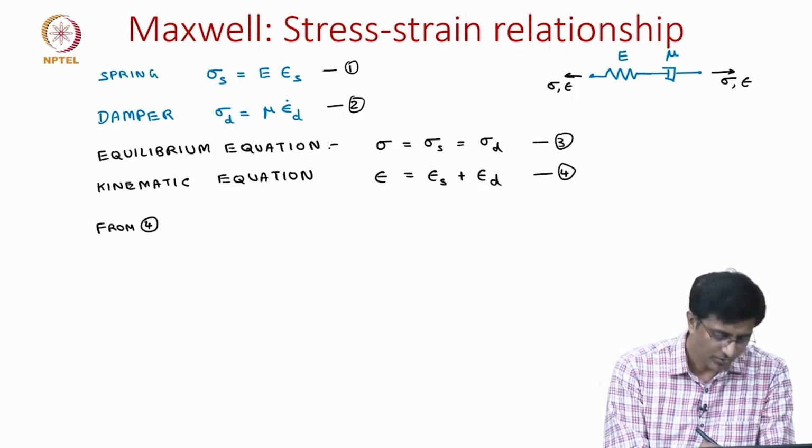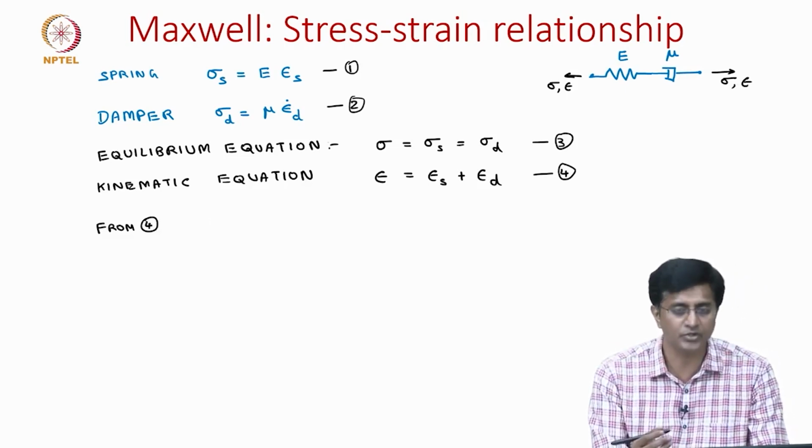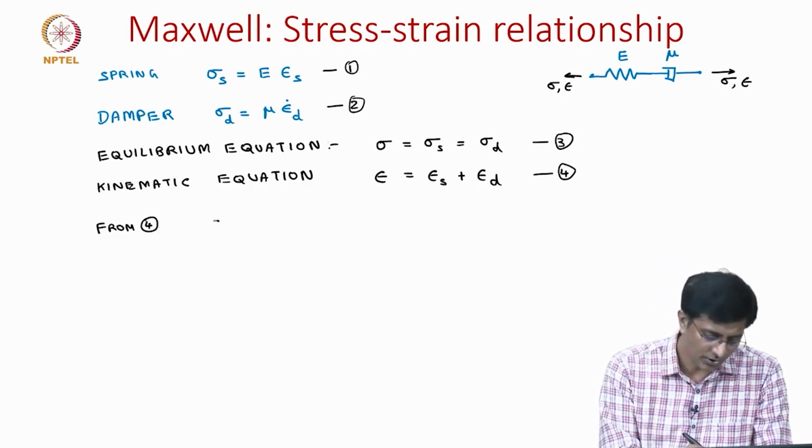From equation 4, first let us differentiate both sides with time. Then we get strain rate is equal to strain rate in the spring plus strain rate in the damper.